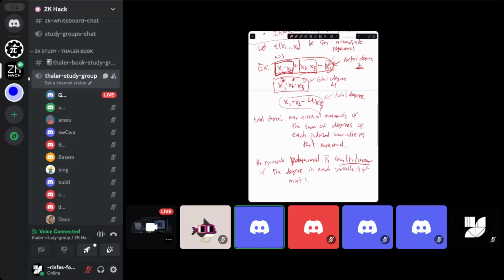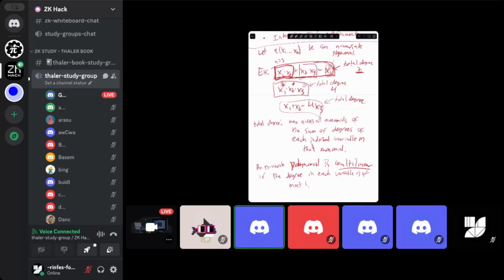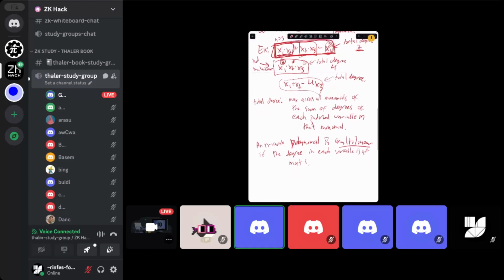So this example is multilinear because no individual variable has an exponent larger than 1. But this would not be multilinear because x1 has an exponent of 2 here, which is bigger than 1.